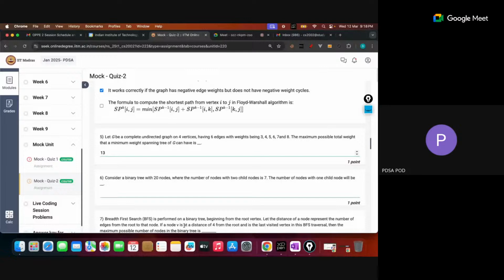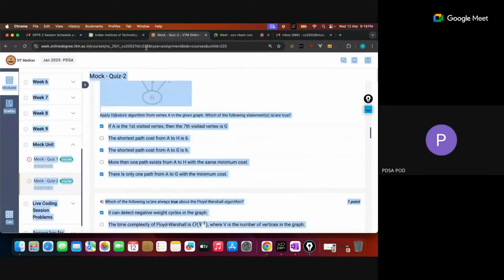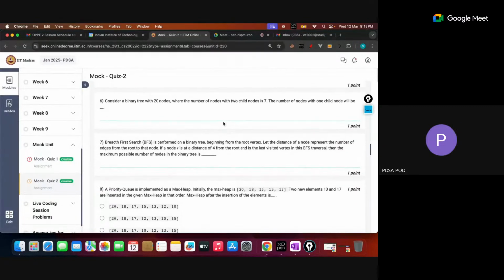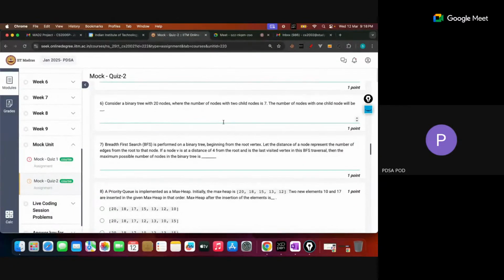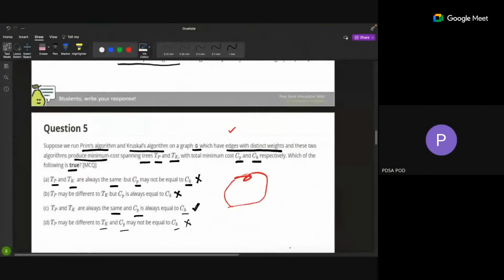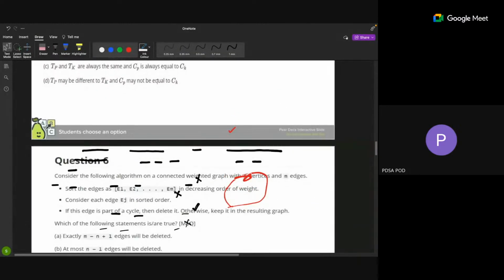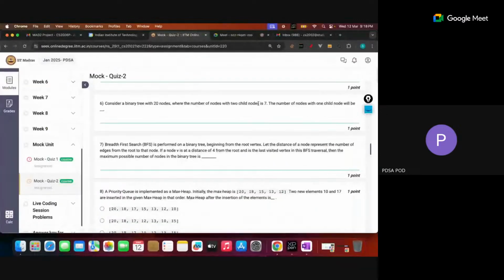Question number 6: there are 20 nodes where the number of nodes in the child nodes is 7. No, let me finish this first. Maybe it belongs to some other concept. We'll finish this, then we'll get back.